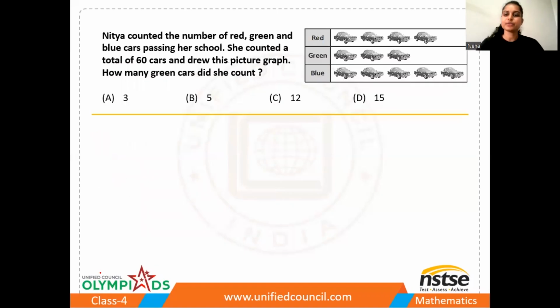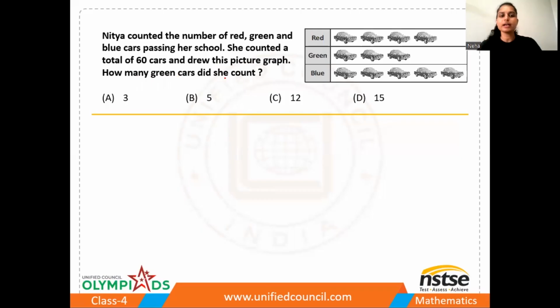Perfect. The next one. Alright, so here is the next question on the screen. Nitya counted the number of red, green and blue cards passing her school. Basically one diagram is given, and in the diagram some red cards, some green cards and some blue cards are given. She counted a total of 60 cards and drew a picture graph.